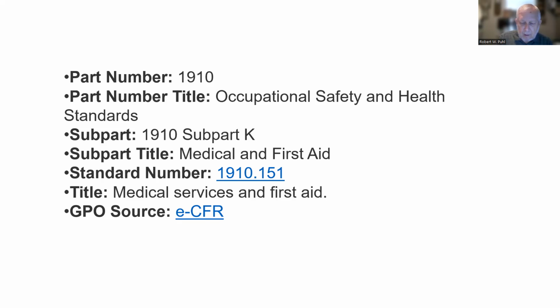Now we're going to look at Appendix A, because it gives us some more insight into this. It's non-mandatory, and it's called First Aid Kits. First aid supplies are required to be readily available under paragraph 1910.151(b). An example of the minimal contents of a generic first aid kit is described in ANSI Z308.1, Minimum Requirements for Workplace First Aid Kits.